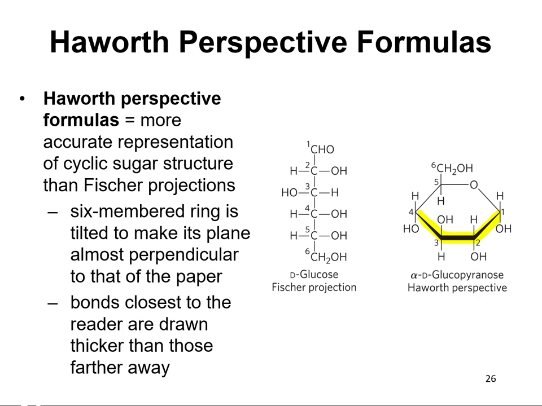The bonds that are closest to the reader, so you, me, whoever's looking at this, they're drawn thicker. So the closest bonds are the thicker ones. The ones that are further away are thinner.